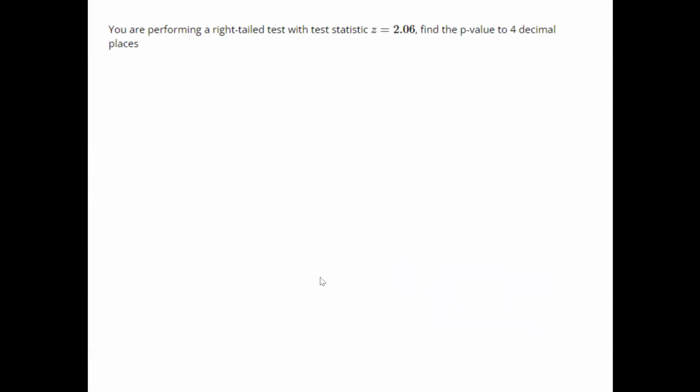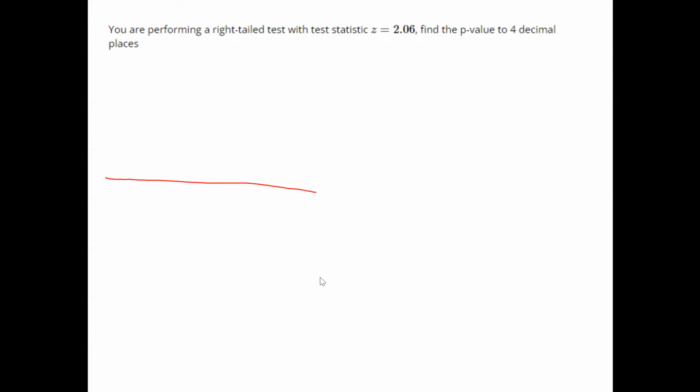So I had wanted to look at a couple of problems from the 9194 homework. That is why I pushed that due date out. So I think this is problem number 1 in that 9194 homework. You are performing a right-tailed test with a test statistic z equals 2.06. Find the p-value. So I always have to draw a picture. That's the way my brain works.